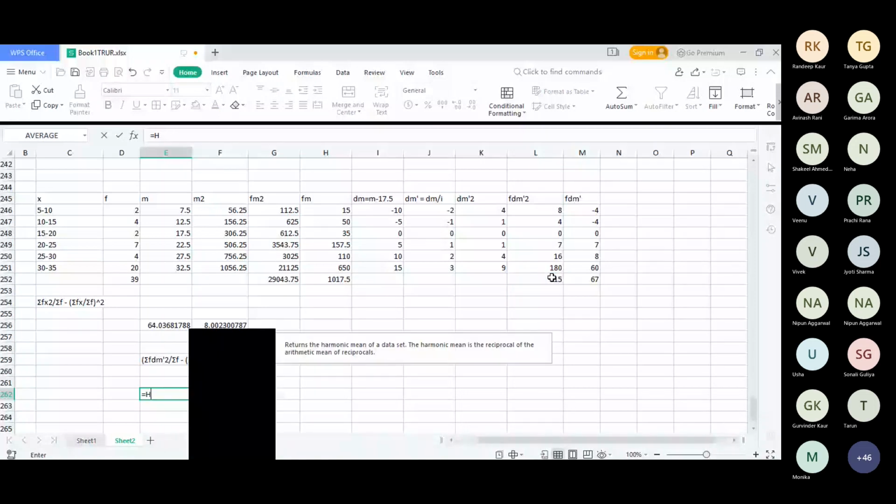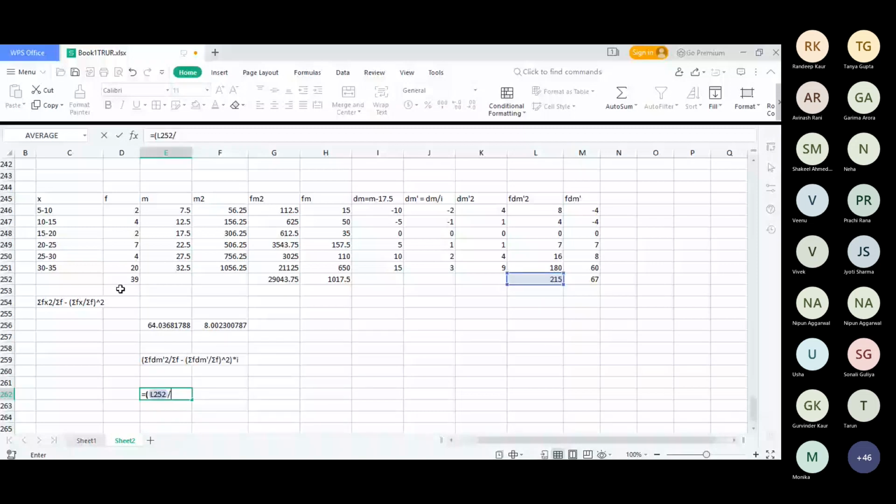So it is 215 divided by summation of f, minus summation FDM dash divided by summation f, and for this we take the whole square, and then the whole thing multiplied by 5. It should come the same. Summation FDM dash square divided by summation f.